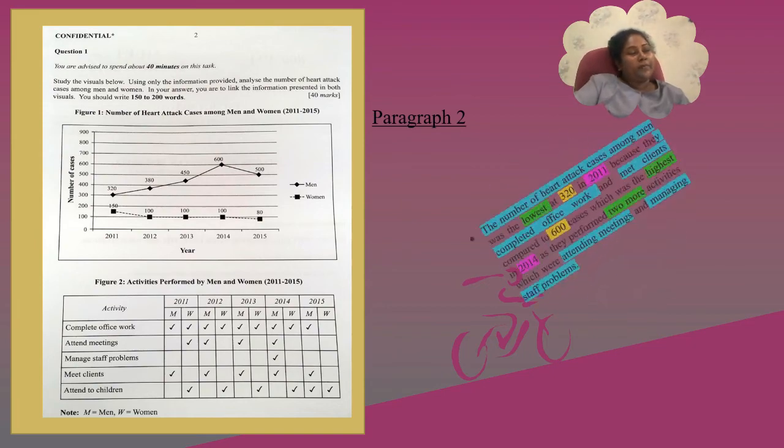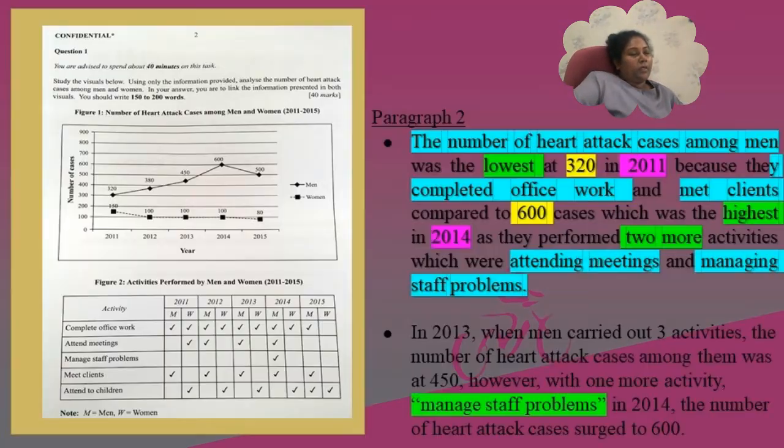In this part we will see how an analysis is written. So we'll see the first analysis. The trend word here is lowest. We have already identified the significant trends. So the significant trend here is lowest.